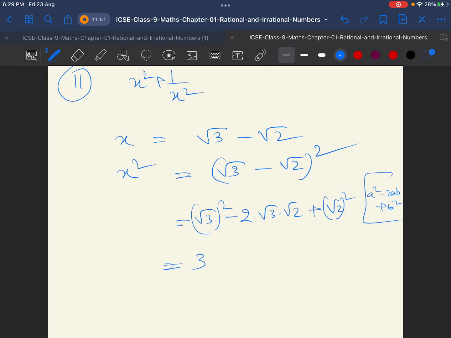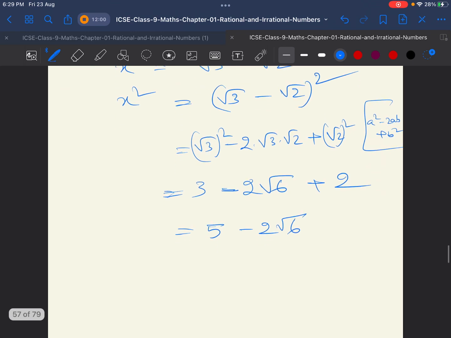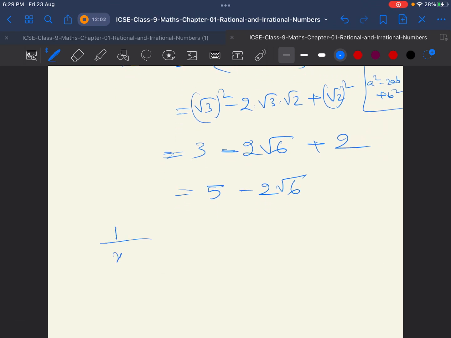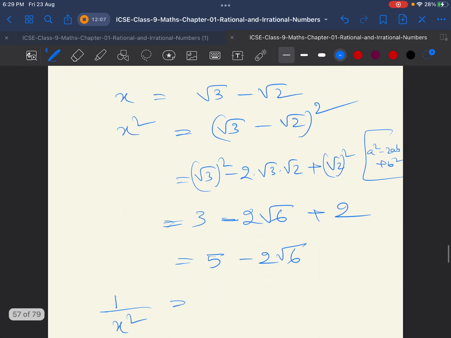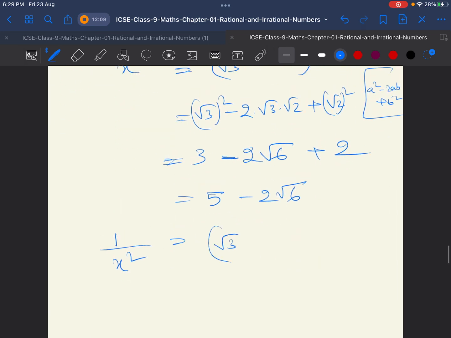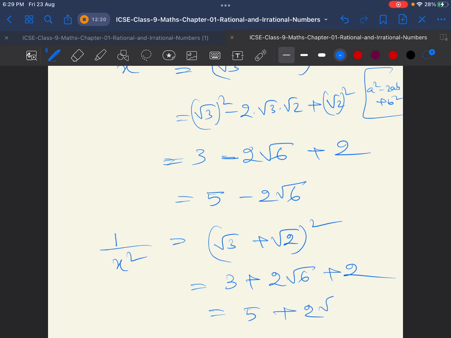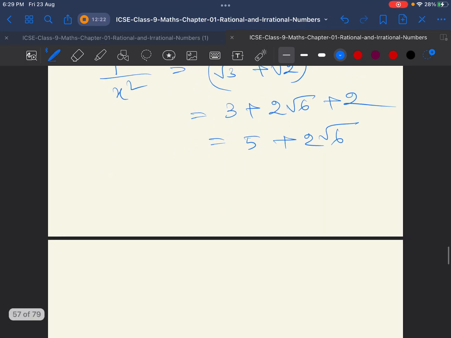Root 3 square is 3 minus 2 root 6 plus 2. So this is 5 minus 2 root 6, and 1 by x square equals root 3 plus root 2 whole square. So this is 3 plus 2 root 6 plus 2. So this is 5 plus 2 root 6.